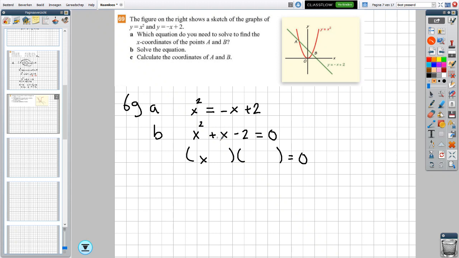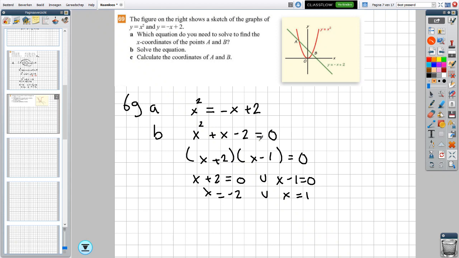I think by now you should know that the sum must be 1, the product must be -2. In that case, I must have +2 and -1 here. Which gives us x + 2 = 0, or x - 1 = 0. So x = -2, balance methods, or x = 1.